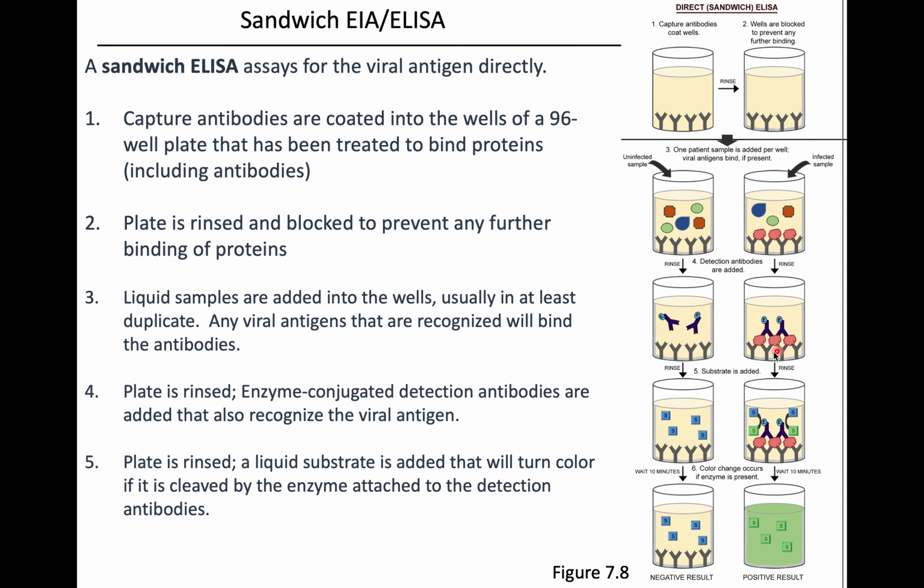And now, if there was viral antigen present, you're going to get a color change or a fluorescence in that particular well. Okay. Basically, the name sandwich ELISA comes from the fact that you're sandwiching the viral antigen between two layers of antibody in this case.